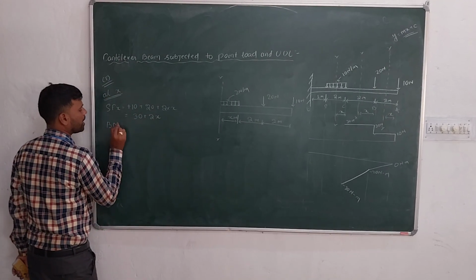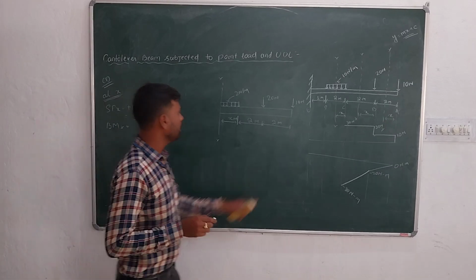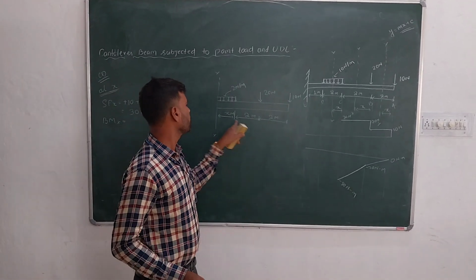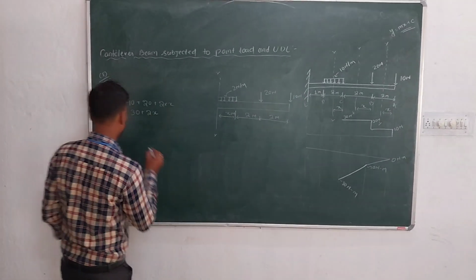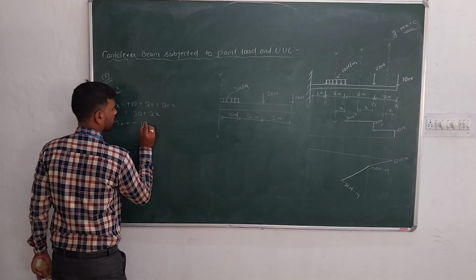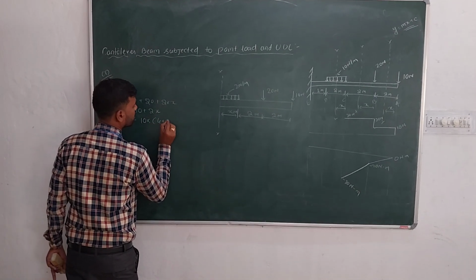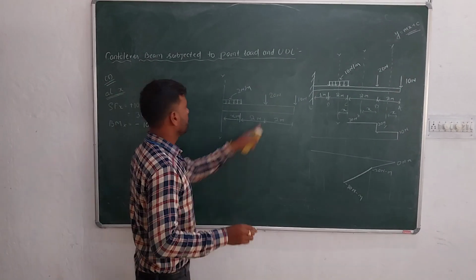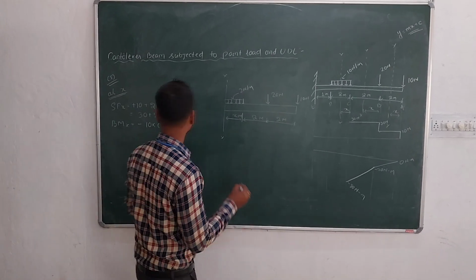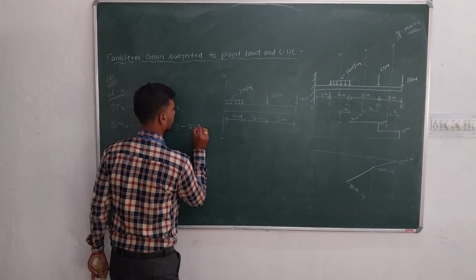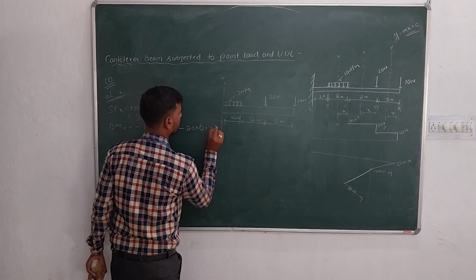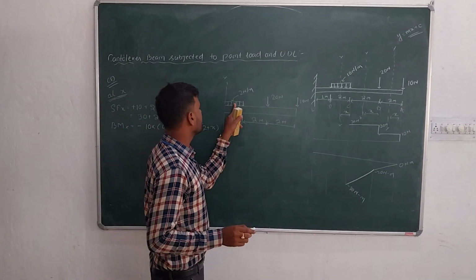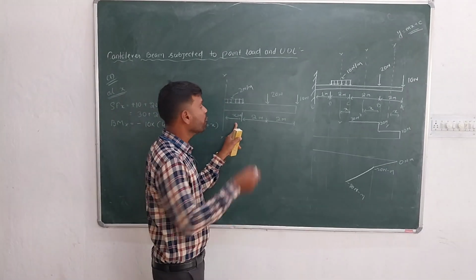Bending moment at x will be how much? 10 into 2 plus 2, 4 plus x. So minus 10 into 4 plus x minus 20 into 2 plus x minus 2 into x, where will it act?